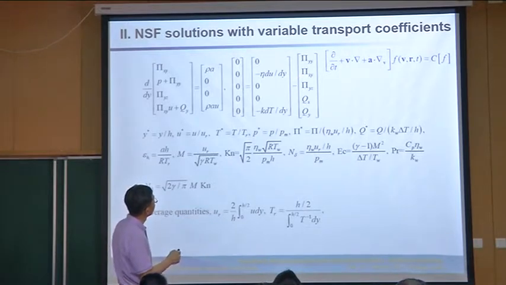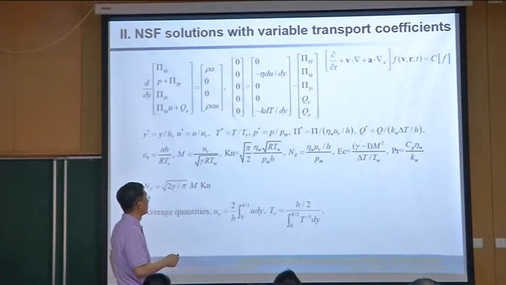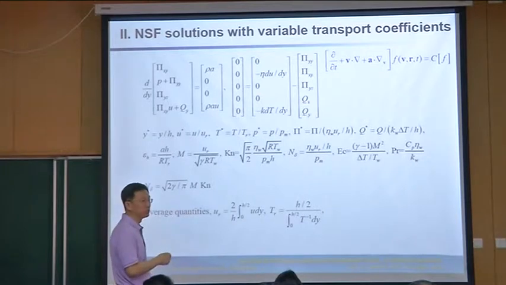So shear stress is basically mu du over dy, and the normal heat flux is just dT over dy. There's no way you could have qx because the constitutive equation tells you it should always be zero in this one-dimensional velocity shear case. Others, pi yy and pi yz, should be zero.